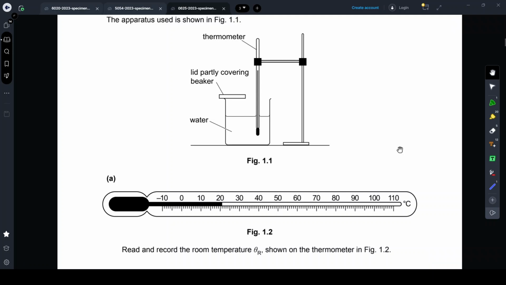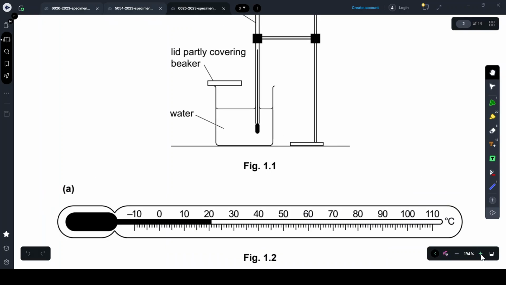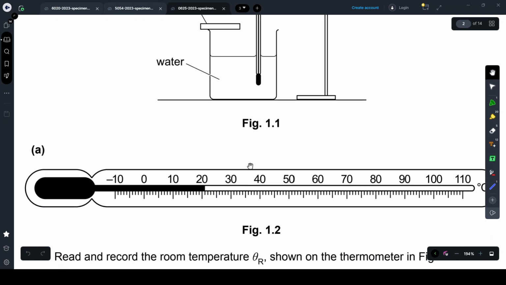23 degrees Celsius. 20 how much? 3 degrees Celsius. It's not 23. Look at it carefully. Are we going to read the red side or the white line? The black lines. Yeah, so it's 21. Yeah, 21.